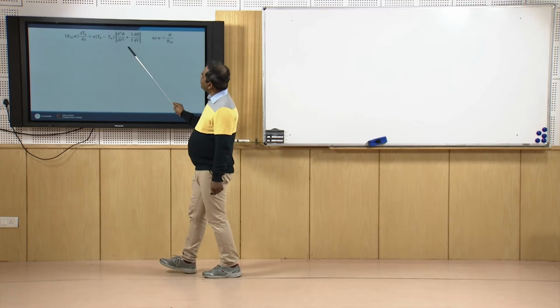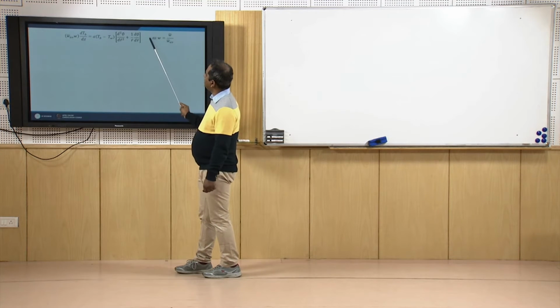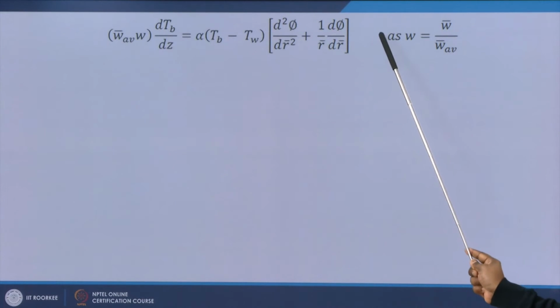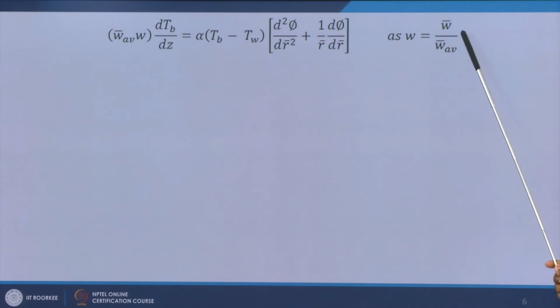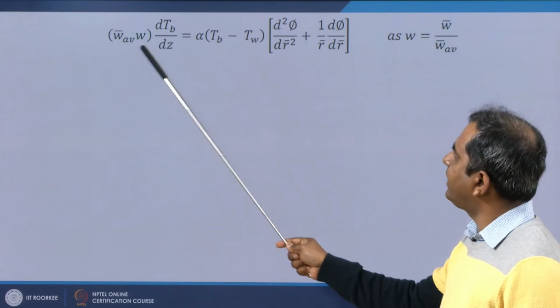So in the equation, the last term, this axial conduction term, we have dropped, and tried to non-dimensionalize that one with respect to W equals to W bar by W bar average. As a result here W bar average came.